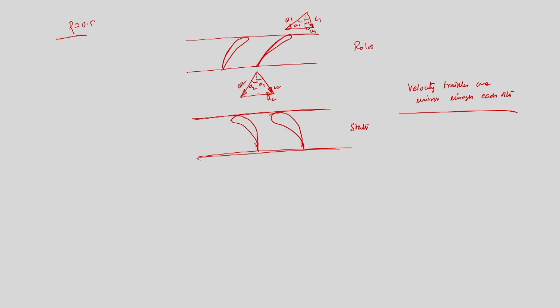We can have a combined velocity diagram, and normally we make every term dimensionless. So if we draw the combined velocity diagram, as I said, the angles are mirror images.